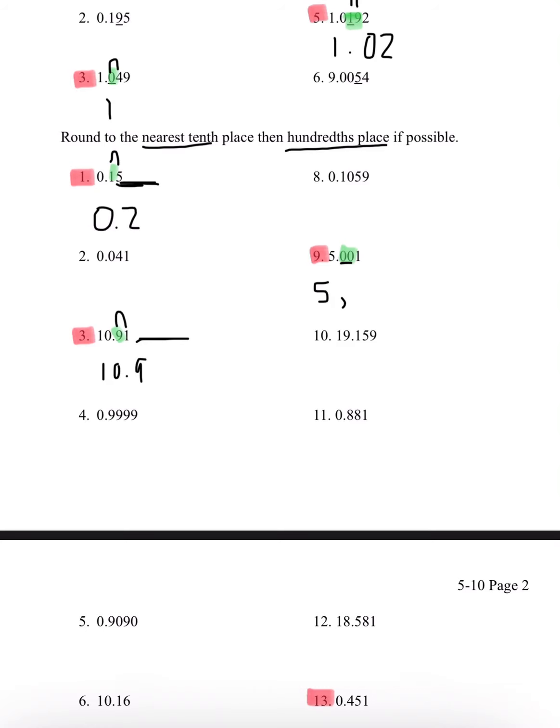We see it's a 0, and behind that 0 is a 1, which means we don't round. So we just put 5. Like earlier, it'll just be 5.0 or 5.00, but we just put that as 5 because there's always a decimal place behind a number, and that means there's many zeros. But that doesn't matter, so it's just 5.